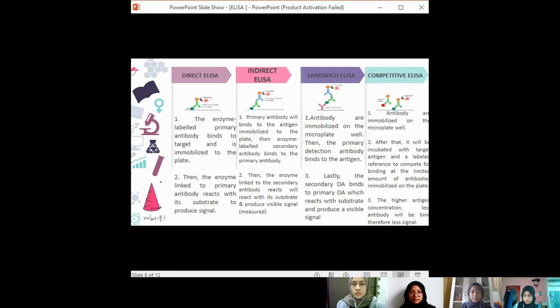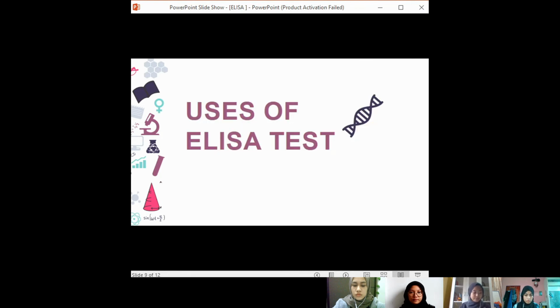Therefore, in many hospitals and medical research, they use ELISA more, as it gives a much more accurate result than other tests. So, next we will proceed to Nurul Suhada Azwa.